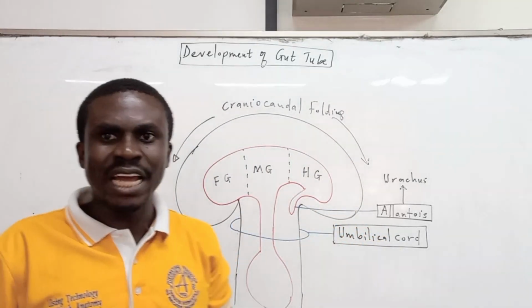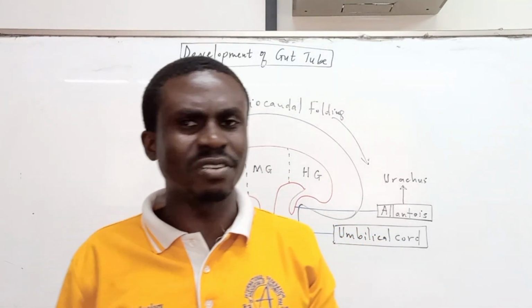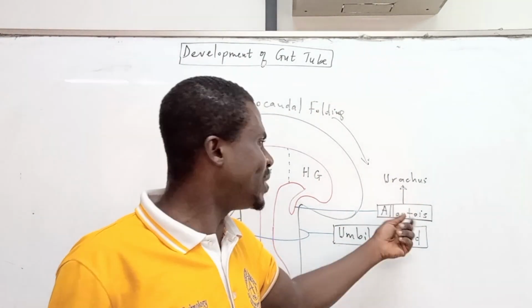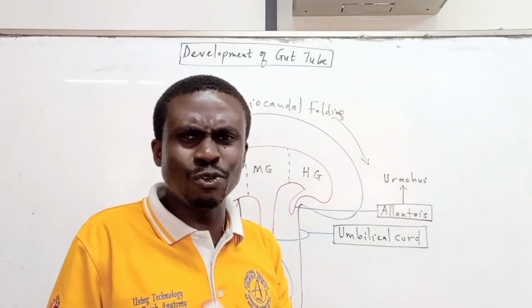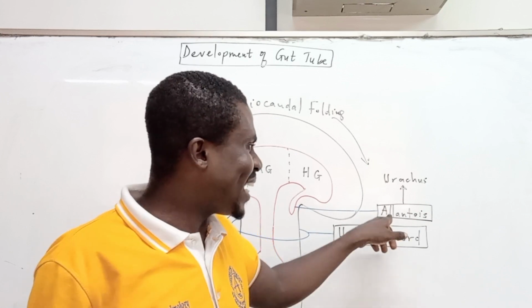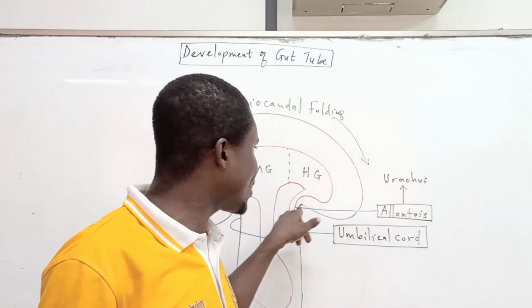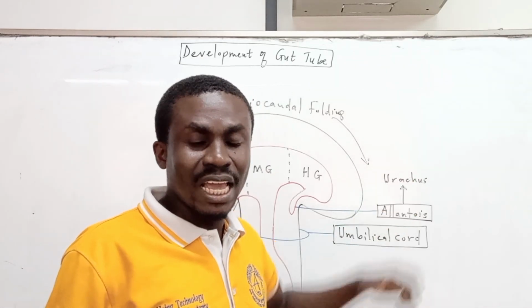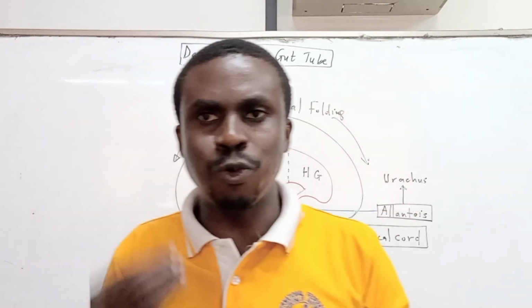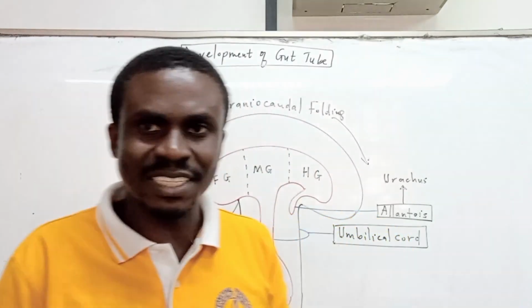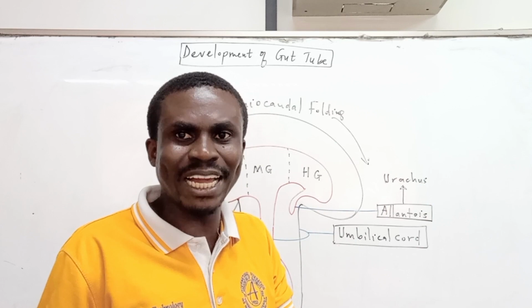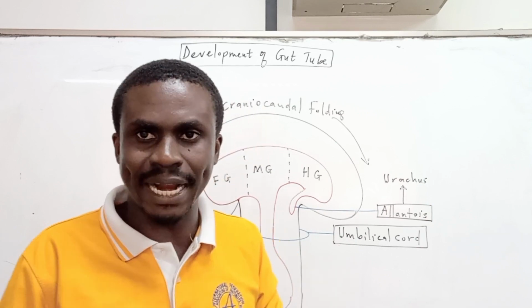Now sometimes people go into the exam and, for instance, expect to see urachus, but they will be seeing allantois. So we have to look at some of these things. An extension or remnant of this allantois over here is the urachus. And my friends, one thing that we know about postnatal life is that this urachus will be important in linking the umbilical cord to the urinary bladder.